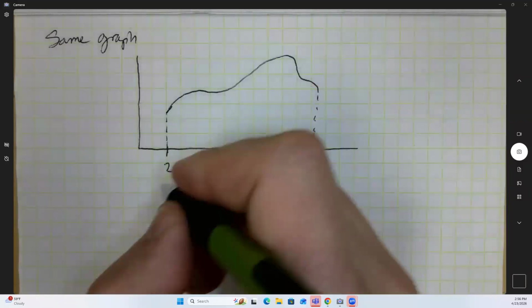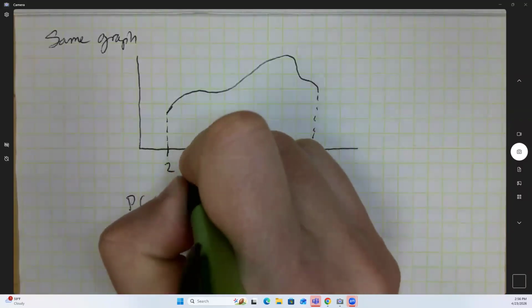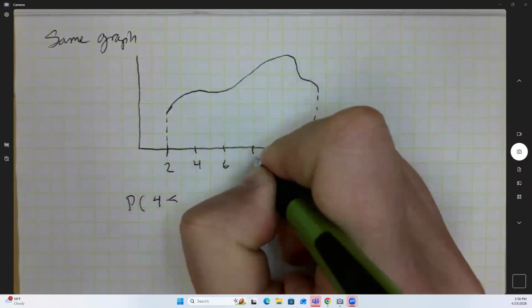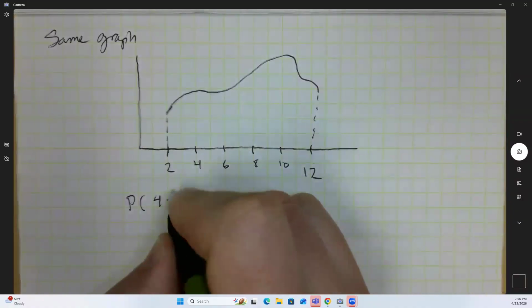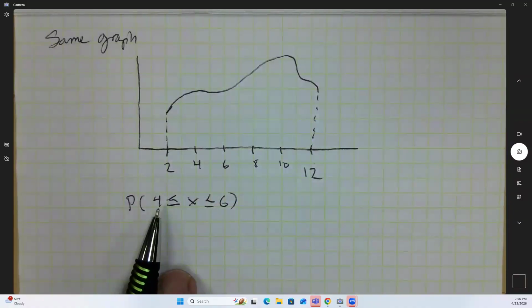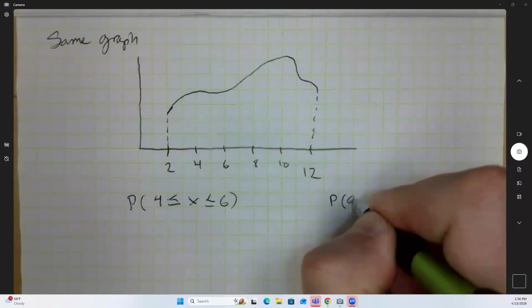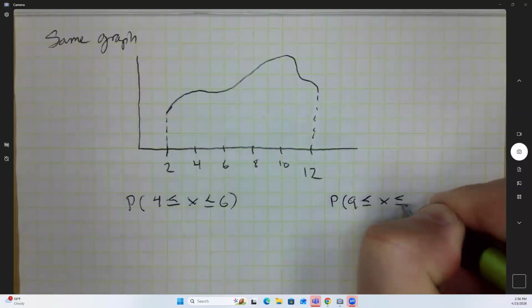Okay, so the probability that, let me just put some numbers down. The probability that x is between 4 and 6 compared to the probability that x is between 9 and 11.